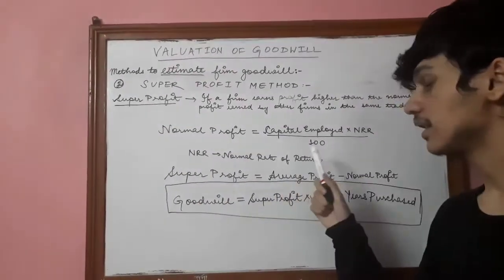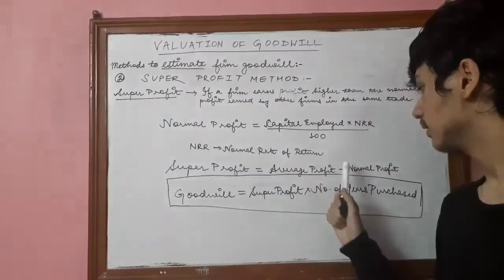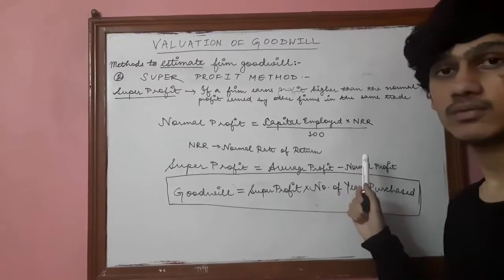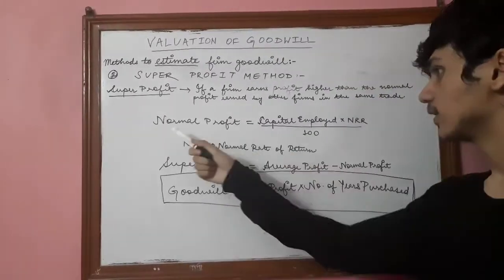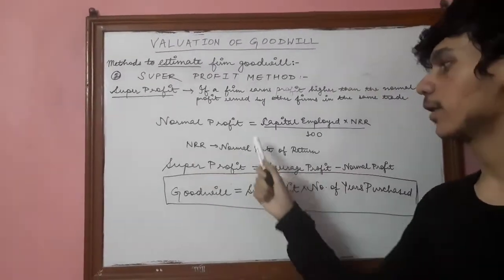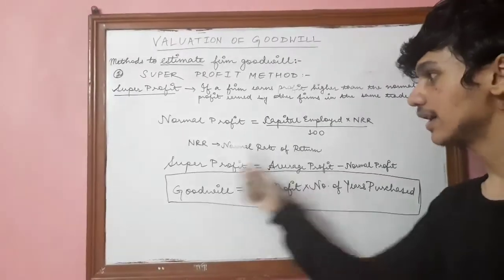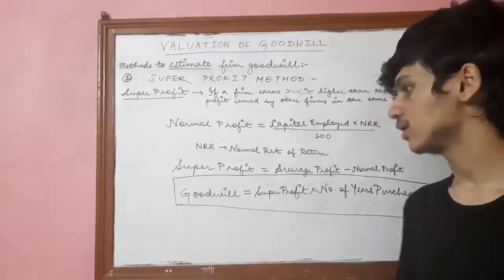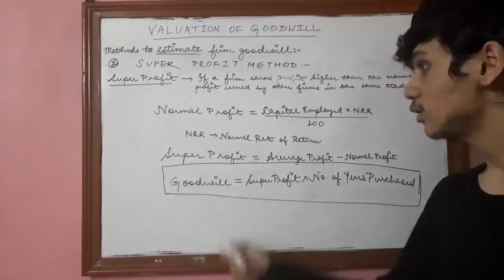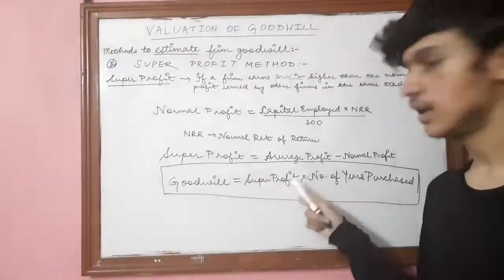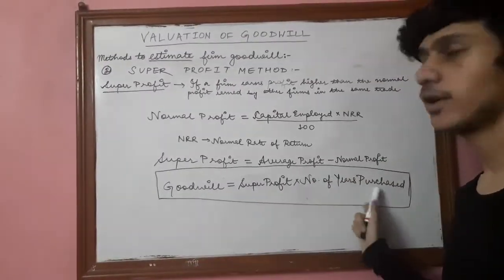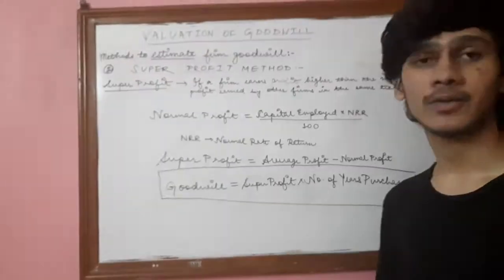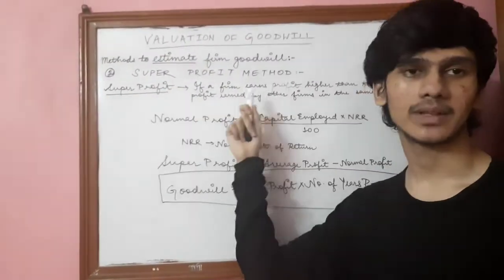For that, we will be using average profit, and we have to subtract normal profit from average profit to get super profit. To calculate goodwill, we need to multiply super profit by number of years purchased, and that's how we will get goodwill using super profit method.